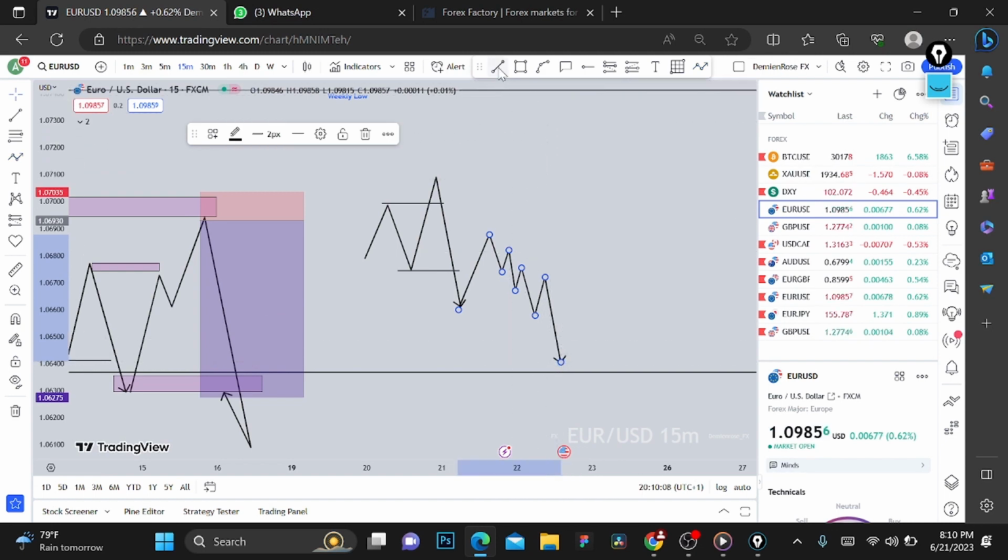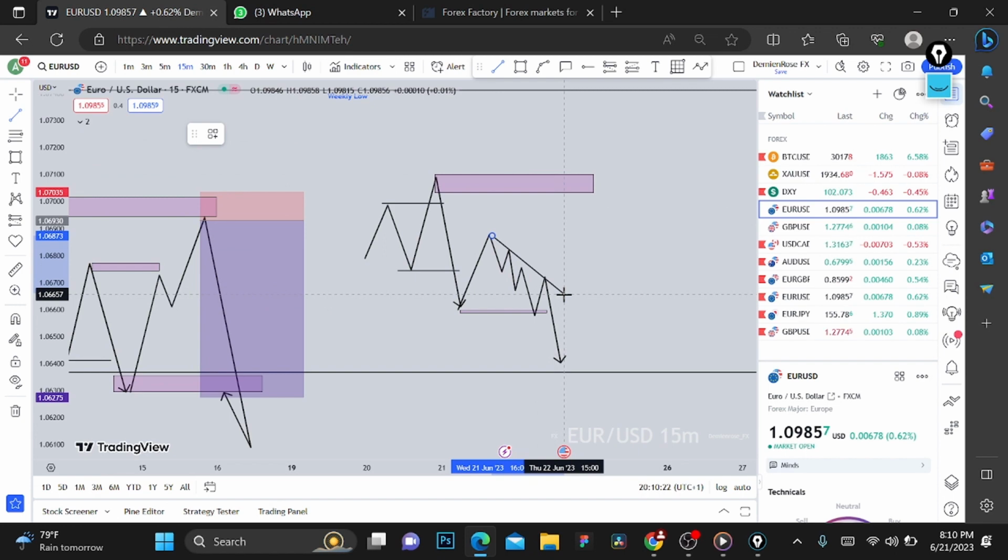So then we have a valid order block here. The market broke this zone, so this is the break two. So we know we have a trend line here. So this is a trend line trap zone.